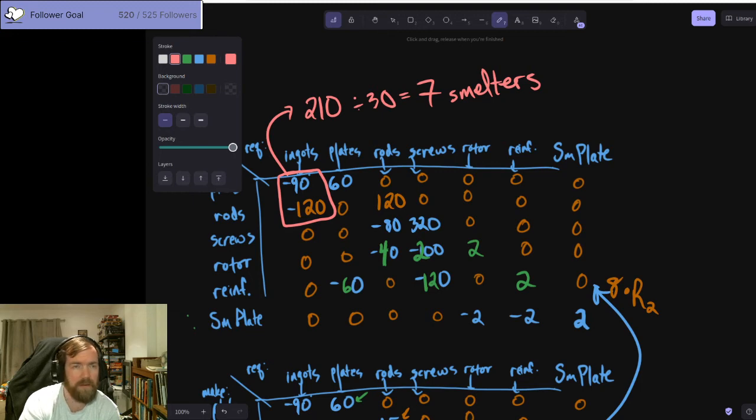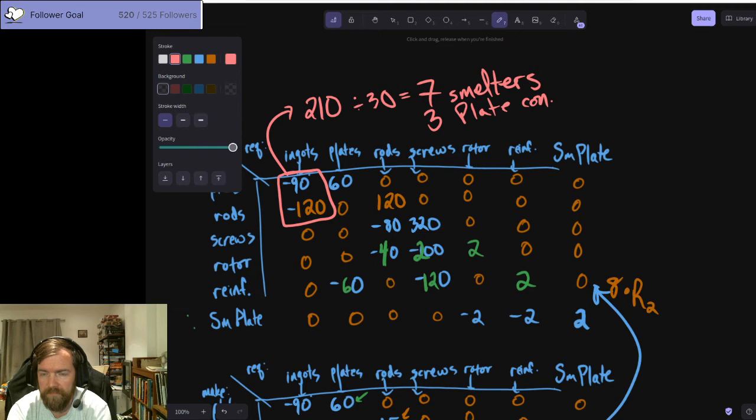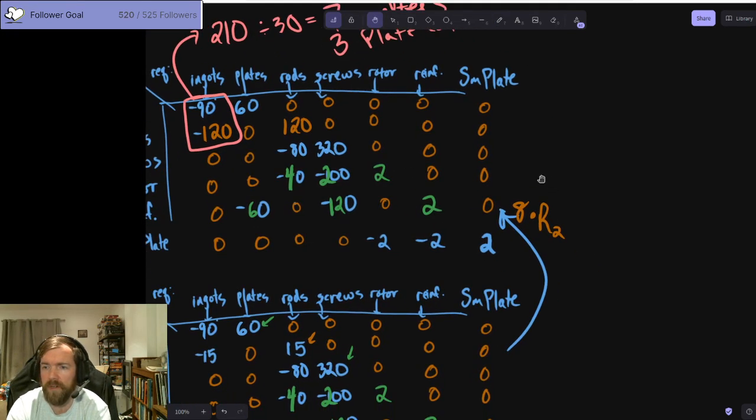Then that's going to end up being 3 plate constructors. I think 3 to 2, yeah. Rods was 15 a minute to get us to, oh, right. We've got all of these numbers over here. I think, right?